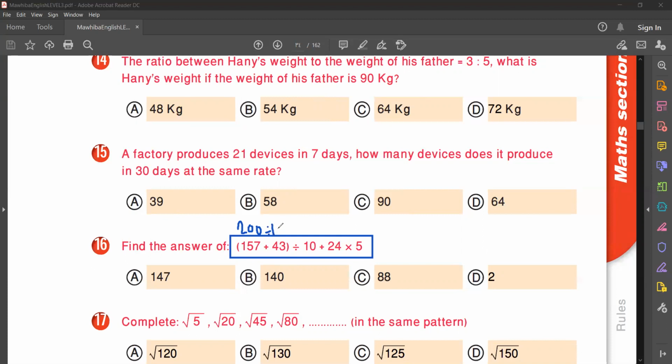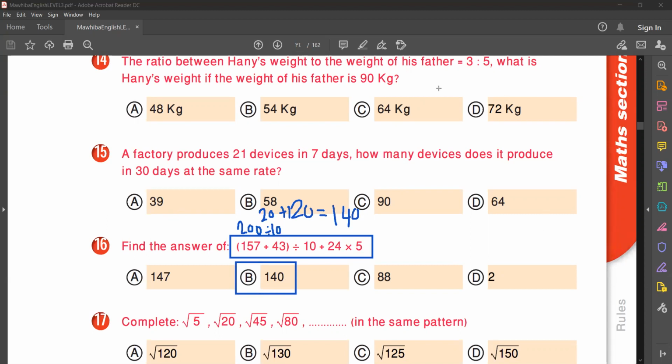What is the answer if you divide it by 10? It is 20, right? Then 24 times 5, it is 120. And you add 20 plus 120 equals 140. So the answer is number B. Right.